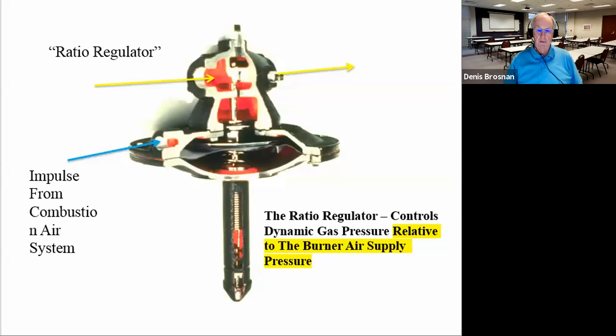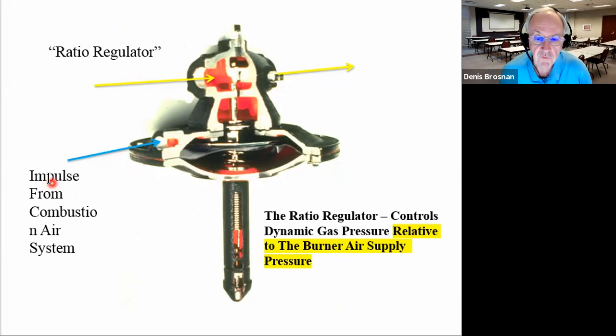Now, a related regulator is the ratio regulator, and it works the same way. It's really controlling gas flow through the system, dynamic pressures through the system from left to right. But the diaphragm in this case is driven by an impulse that creates a pressure underneath the diaphragm, and that impulse is coming from your air system. So it is a static pressure impulse from the air system.